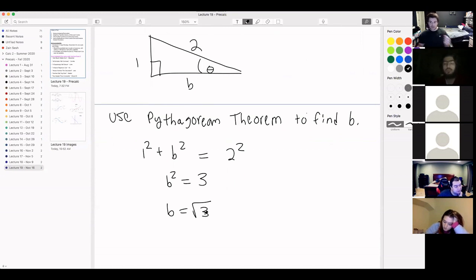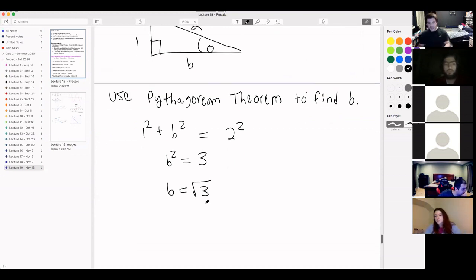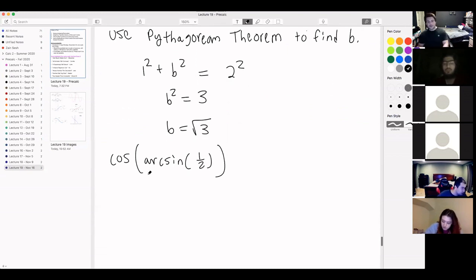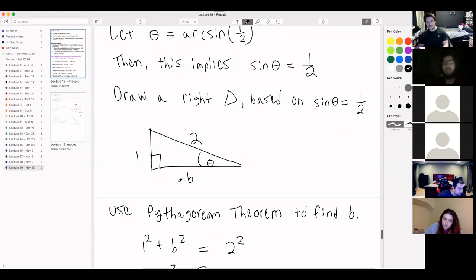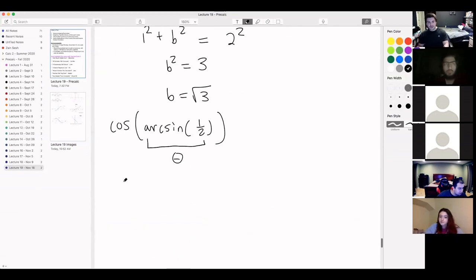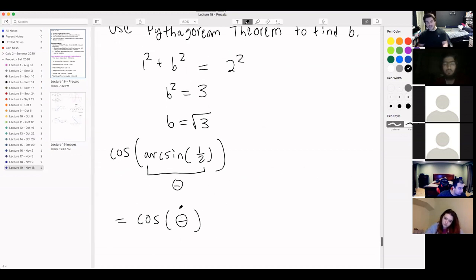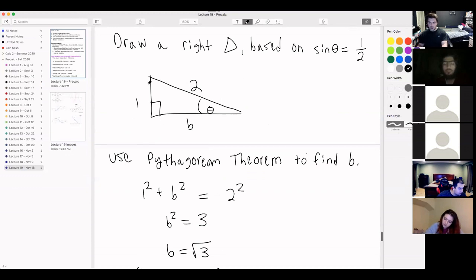All right, so that's just good old Pythagoras. And now we're in a very good position. Now we go back to our original expression, cosine of arcsine of 1/2. Remember, what did we call arcsine of 1/2? That's theta. That's what we set theta equal to in the beginning. So this is the same as cosine of theta. Very nice, and we can get cosine of theta immediately from reading off the right triangle.